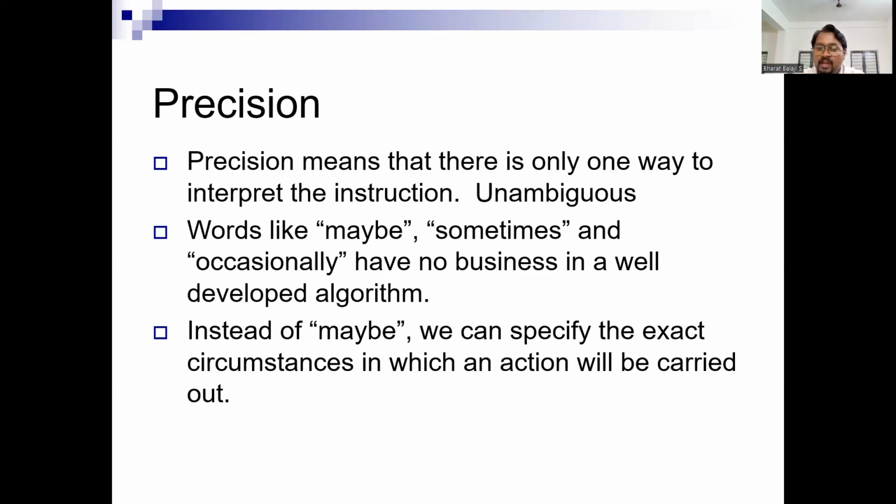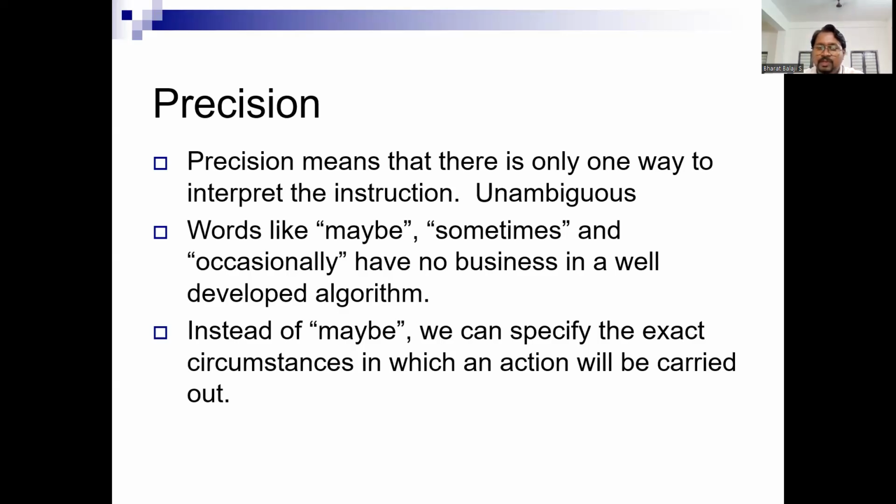They give alternatives. Maybe means either this one or that one. Sometimes means maybe not all the time. Occasionally means not regularly. We cannot give a permanent solution with these terms, which is why we do not use them in an algorithm.